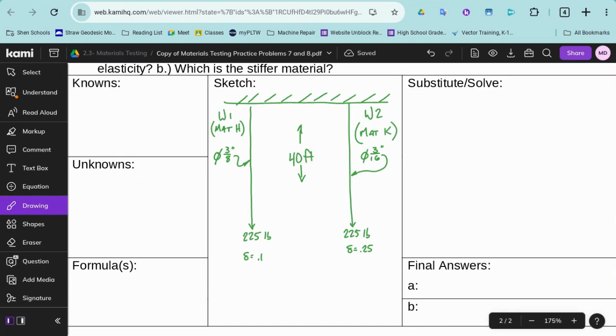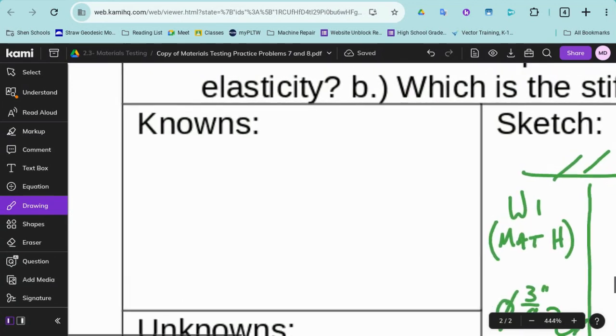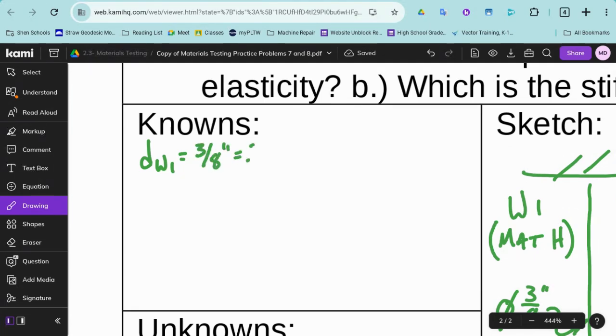So we're going to find the modulus of elasticity of both of these and compare them to figure out which is the stiffer material. So what do we know? We know the diameter of wire 1, 3/8 of an inch, 0.375. We know the diameter of wire 2, 3/16 of an inch, 0.1875.